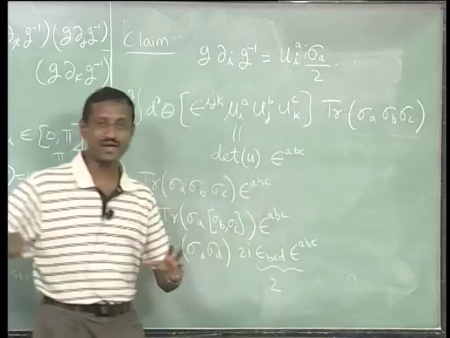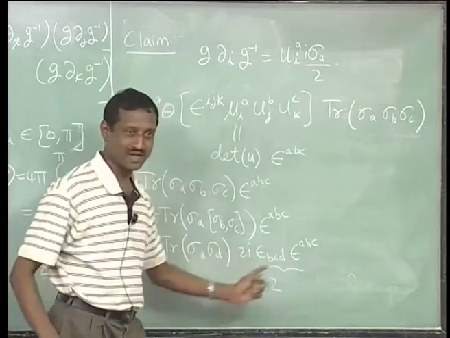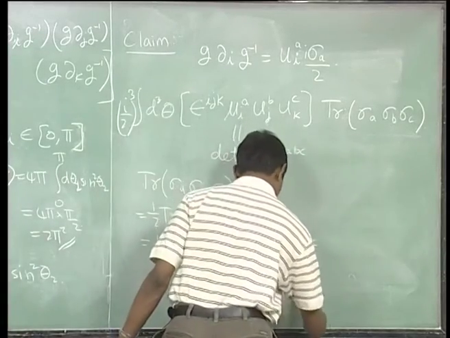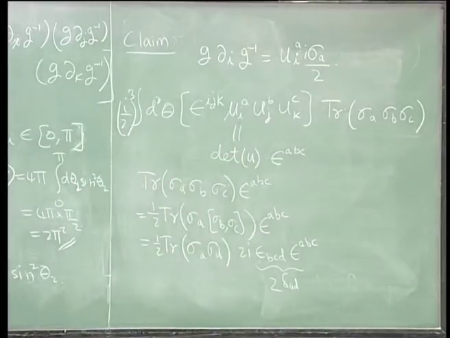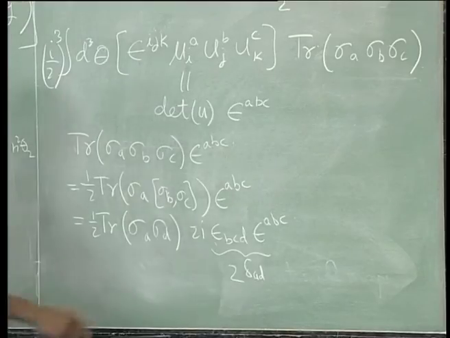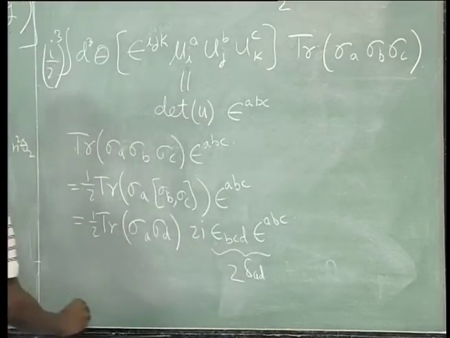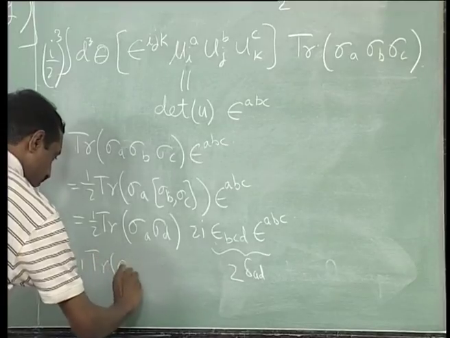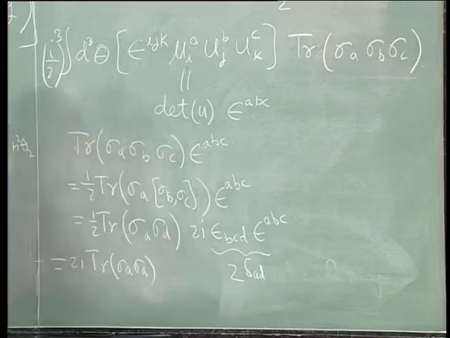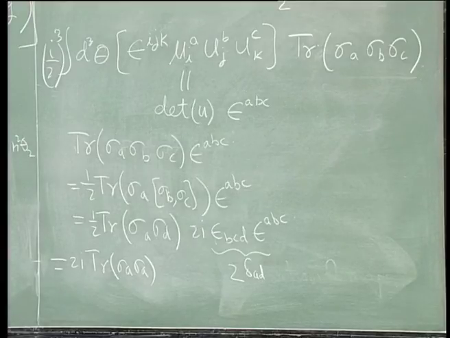You can use the delta formula, but you can just evaluate it trivially. So you get 4, which cancels with this, and you get 2i trace of sigma_a sigma_a. But sigma_a squared is just identity, so that gives you a 4i.